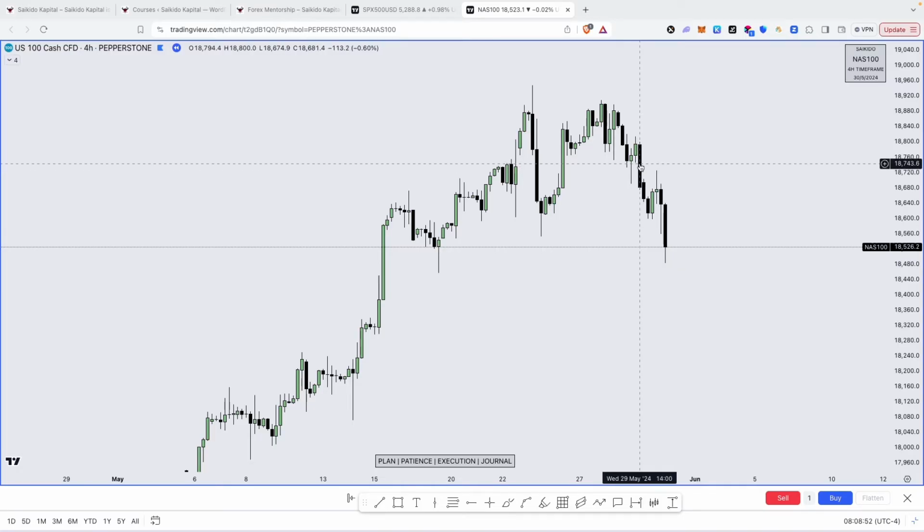This is a 4-hour CB, internal range liquidity, and we know that the market moves from internal range liquidity to external range. So you have external range here, and you also have external range in the form of relative equal lows, which is what I would consider over this swing low here.